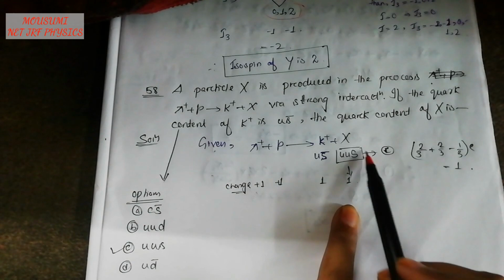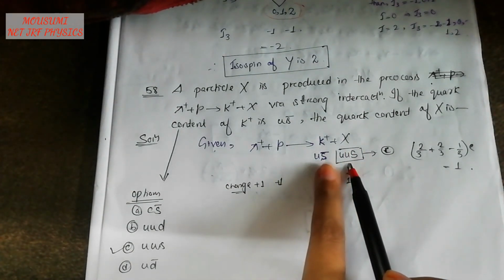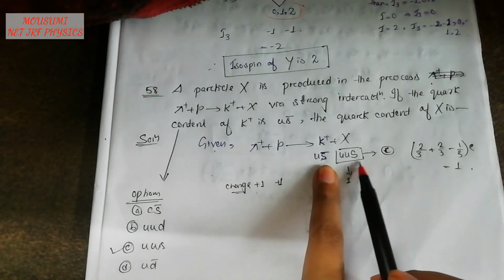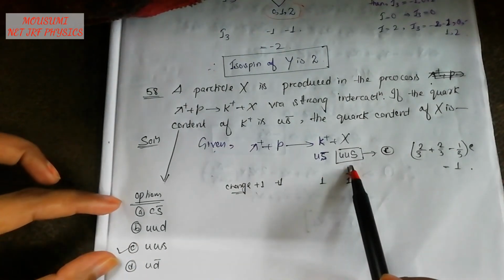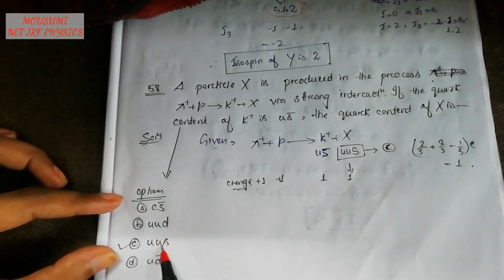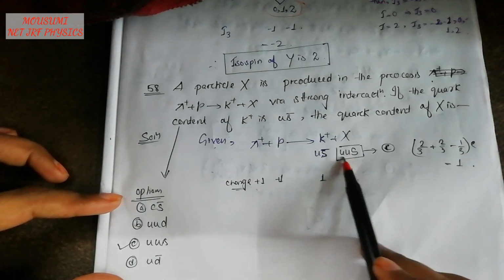So now you can see that here it is s bar, a strange particle is there. So here also there must be s, right? So in the options, only option C is having s. So we are taking uus.